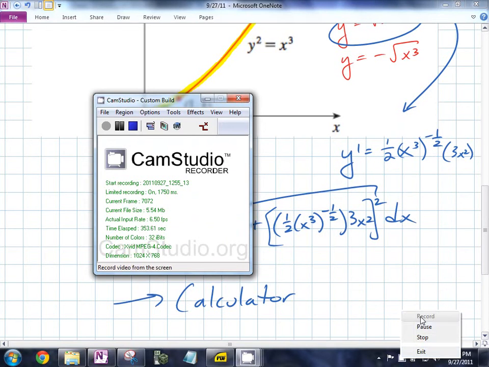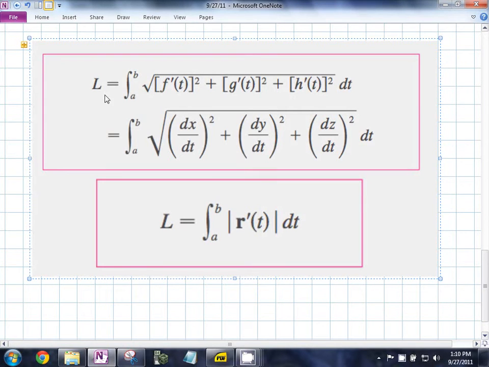So it says this. If you're going from time equals A to time equals B, and you have a three-dimensional, parametrically defined function, you have f of t, g of t, and h of t, is that pretty clean in terms of formulas? That's ridiculously clean. It also summarizes to this: L is the integral of the magnitude of the derivative of r.